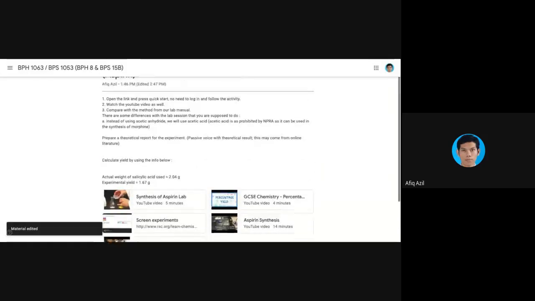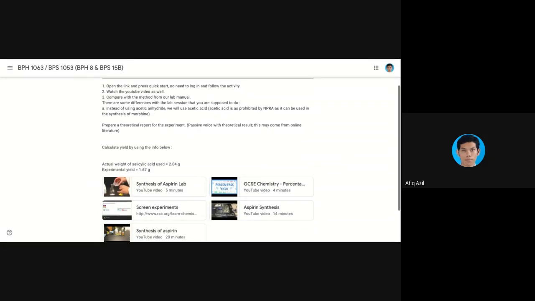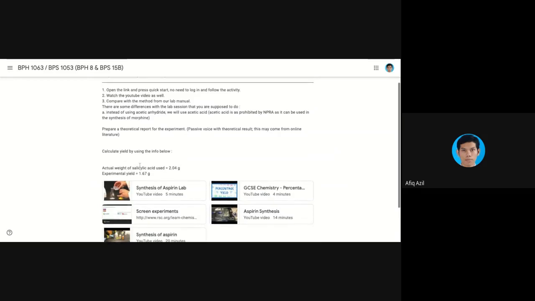Okay, so for the purpose of your report, to calculate the yield, you can use this info that I've given here on Google Classroom. So the actual weight of the salicylic acid that you use would be 2.04 gram.